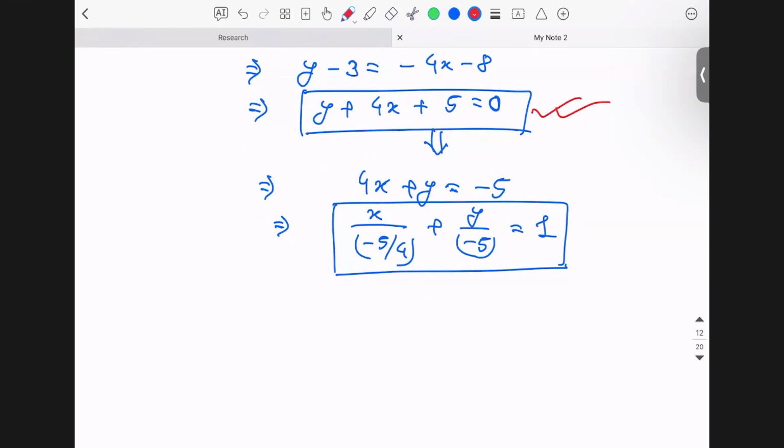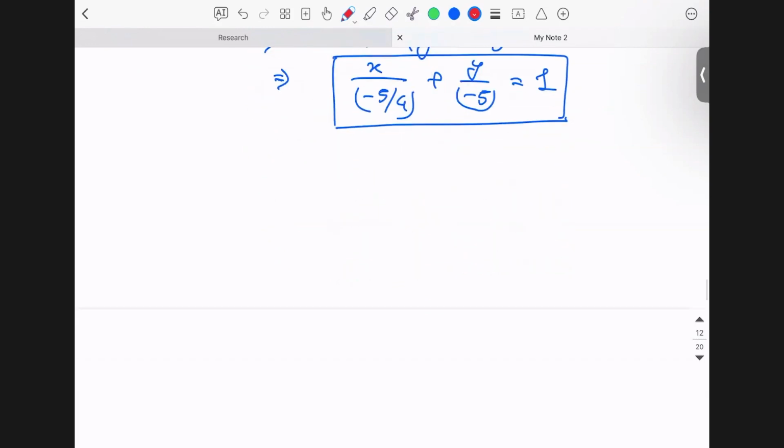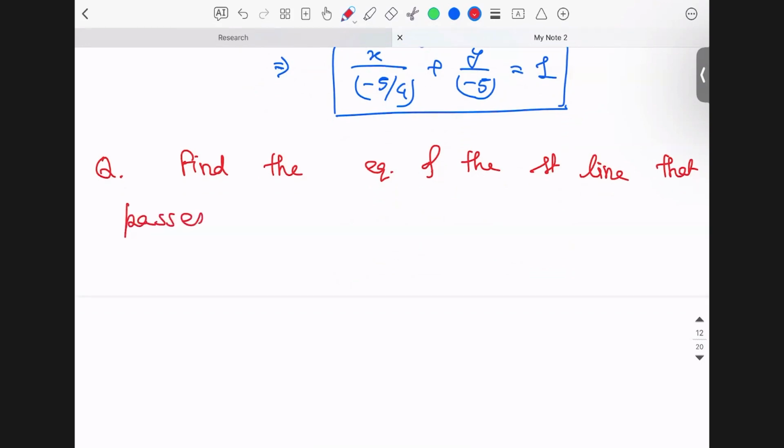Okay. So let's go to the next question. Find the equation of the straight line that passes through the points (1, 1) and (3, 5).